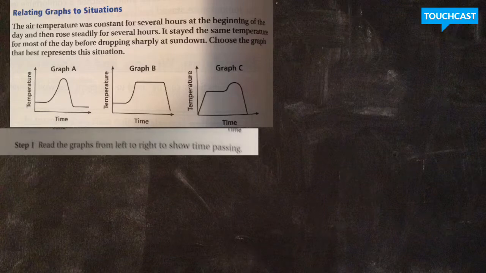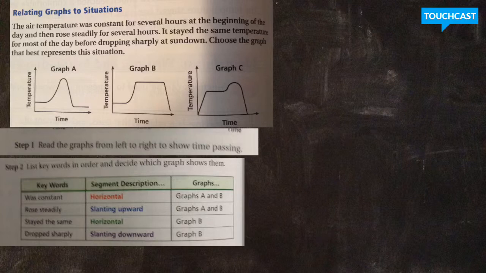For graph B, we have a steady beginning where we rise, and then we are steady, and then we drop sharply. In graph C, we rise, we are steady, and then we rise again to a peak where we then go down.